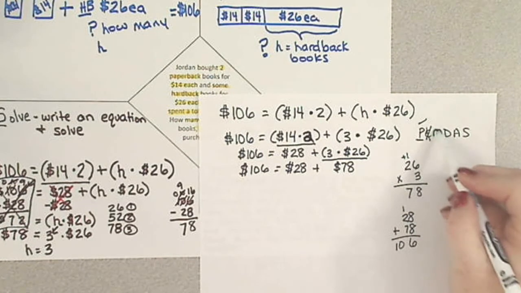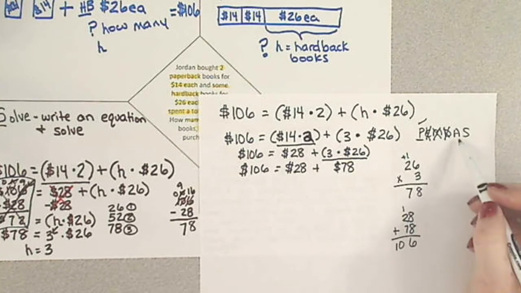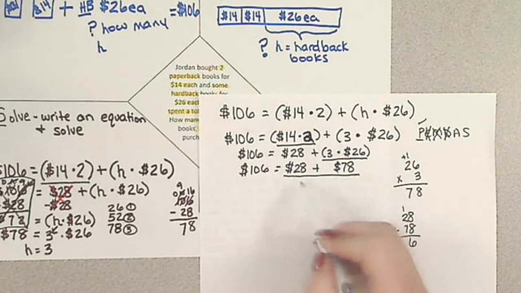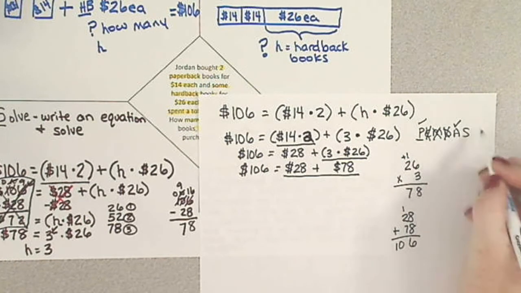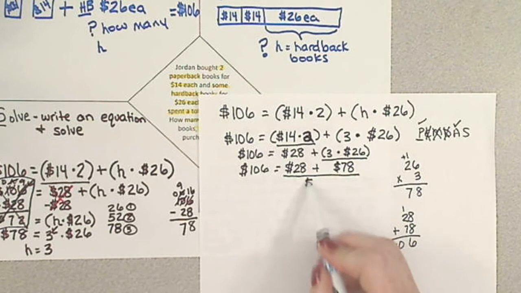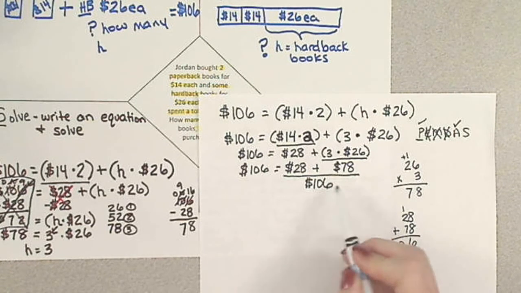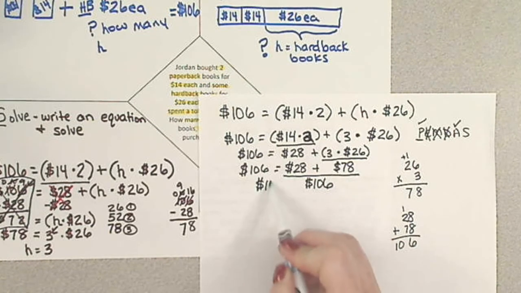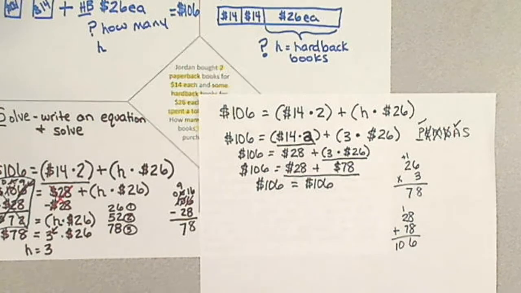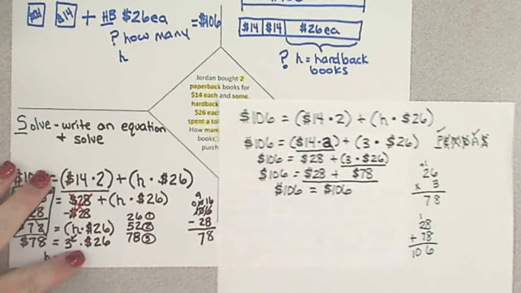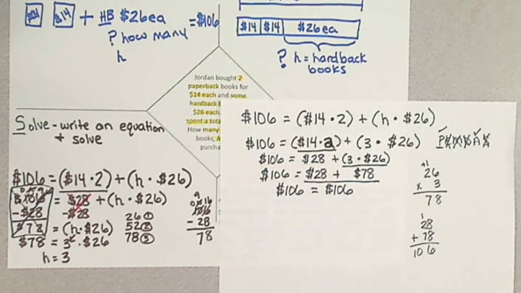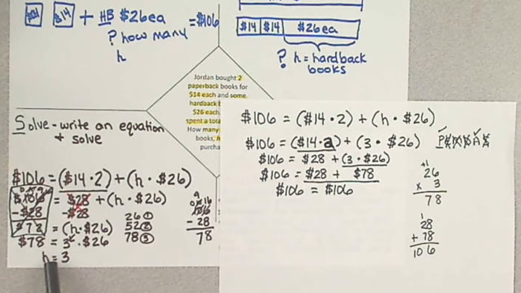We had no multiplication, no division. The only thing we had was addition, and that left us with proof that 106 is correct. And we had no subtraction. So we've now proven without a shadow of a doubt that we solved this correctly, that we determined what H was.